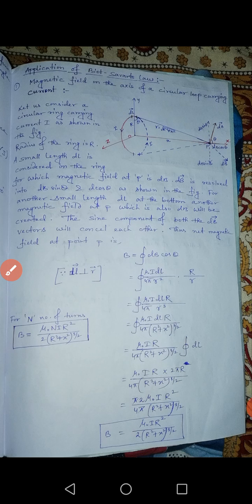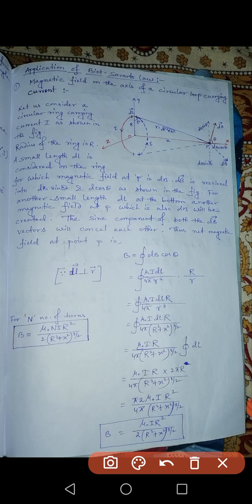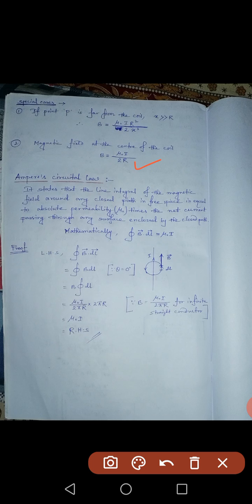So if x is 0, what will happen to this equation? Substitute x as 0, square of r and this 2 will get cancelled, this will be r cube, and above we have r square, so r square and r cube will get cancelled, below we have only r. So the equation becomes mu naught I by 2r. Okay. So I hope this part is clear.